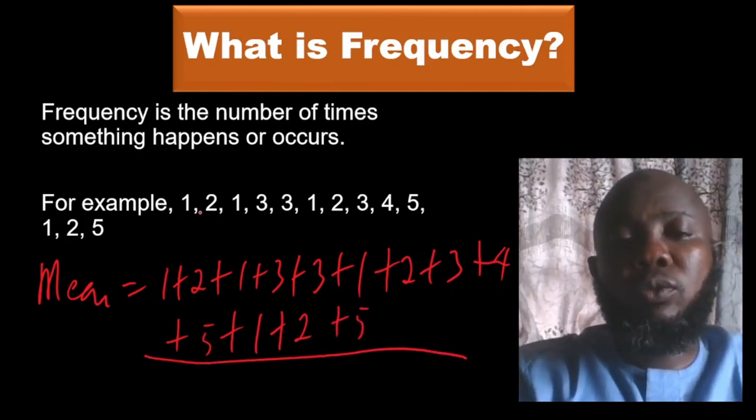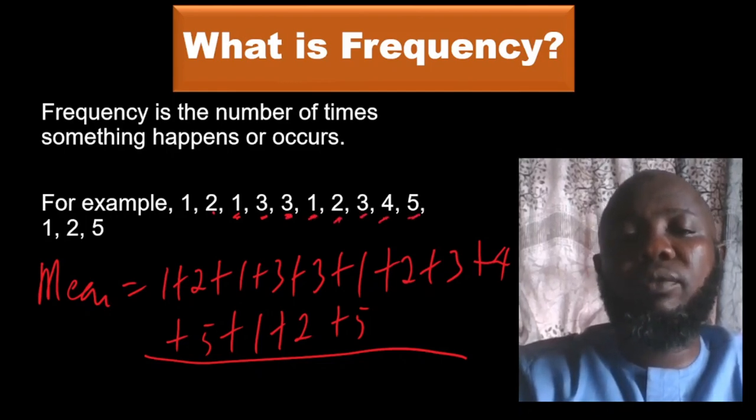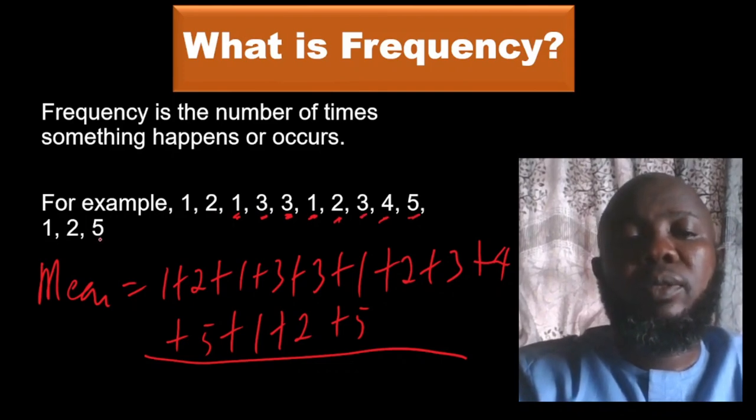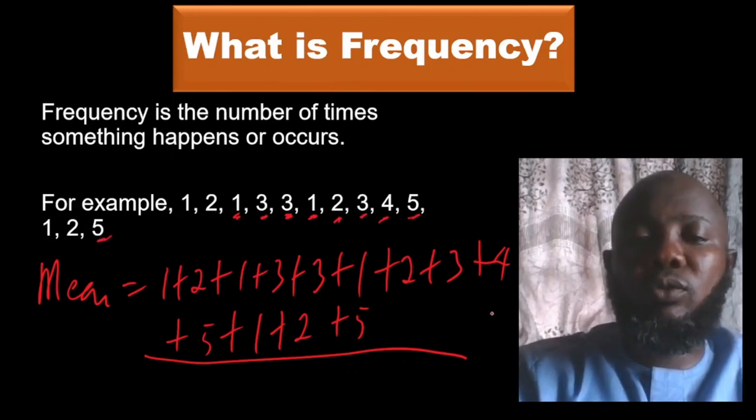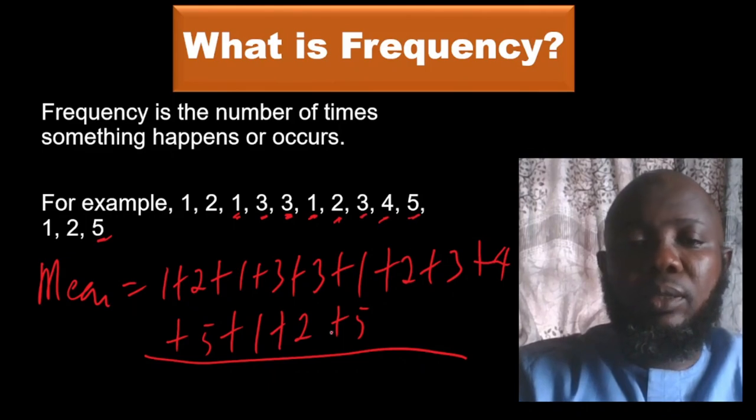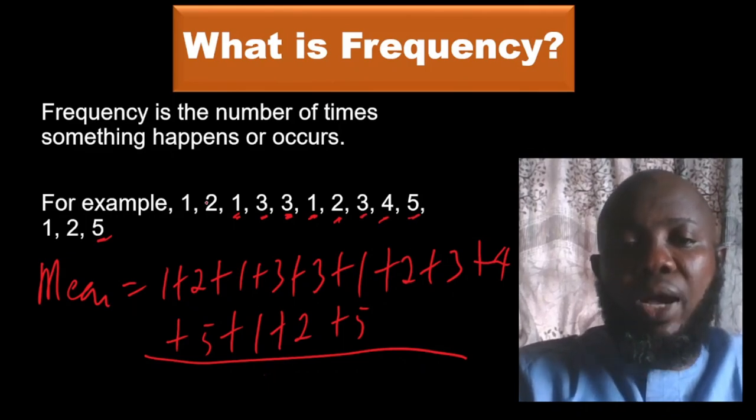So 1 plus 2 is 3, plus 1 is 4, plus 3 is 7, 10, 11, 13, 16, 20, 25, 30, 33. So this gives 33. And all over, how many are they?